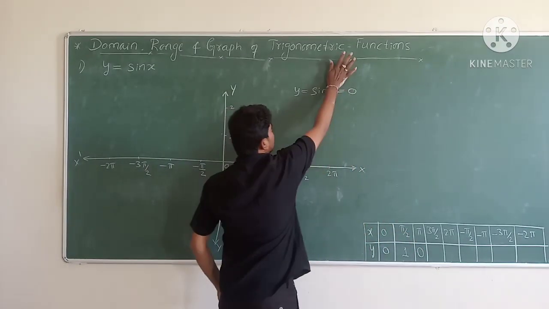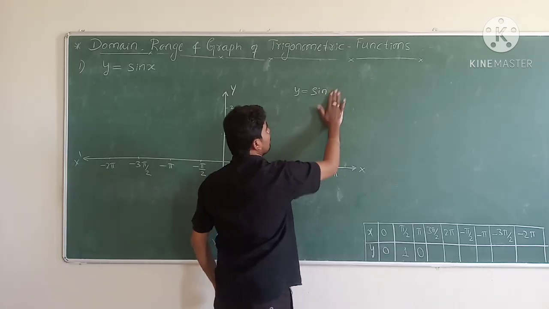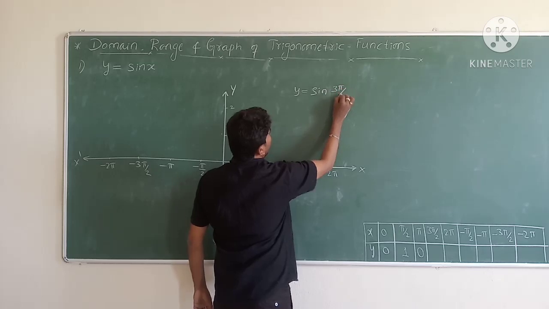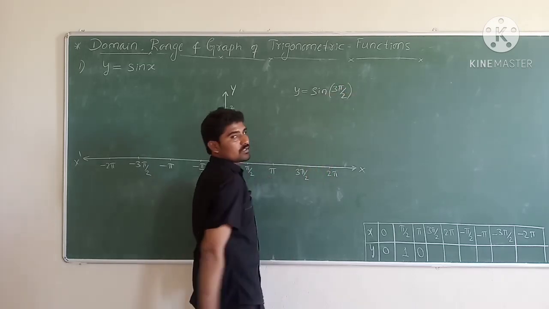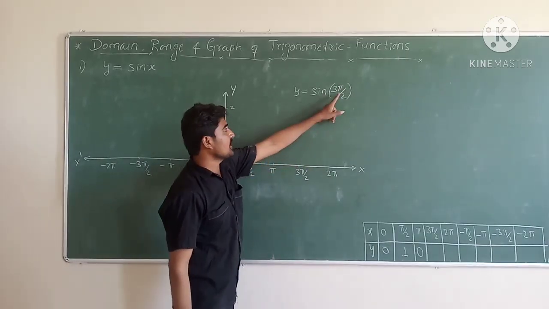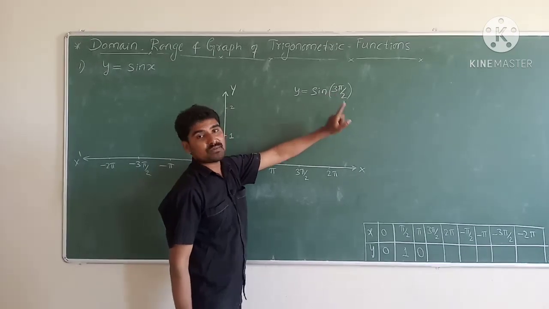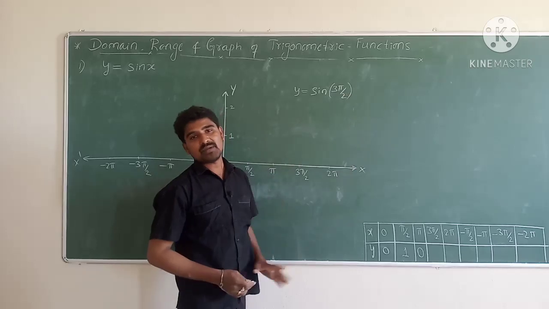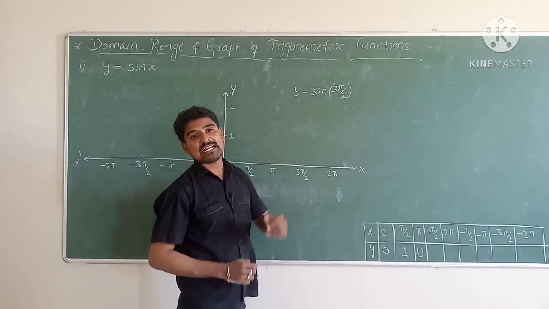Now, when x is equal to 3 pi by 2, we know the value of sin pi by 2, but the value of sin 3 pi by 2 we need to find. To find the value of sin 3 pi by 2, we use the help of allied angle formulas.